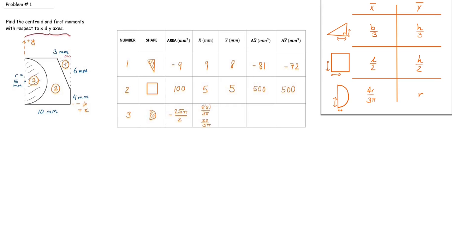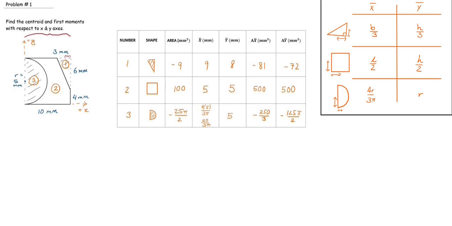So x bar is equal to 20 over 3 pi, and y bar is just equal to 5. And multiplying this out, you get A x bar is equal to minus 250 over 3, A y bar is equal to minus 125 pi over 2.